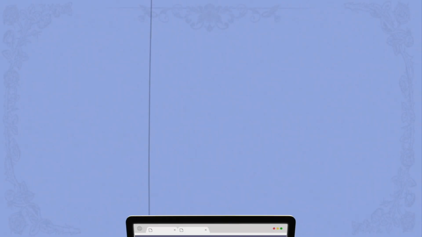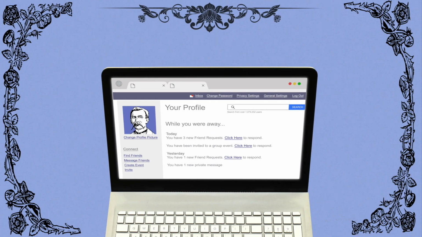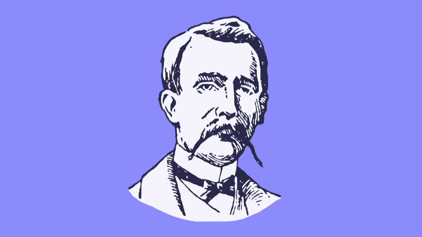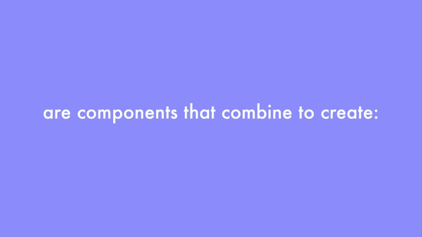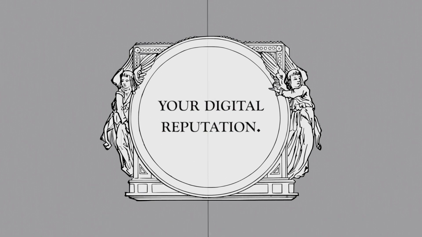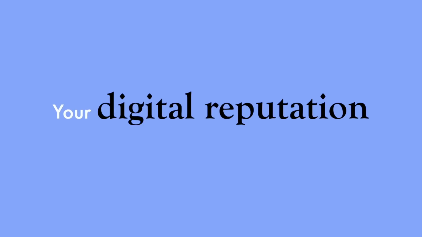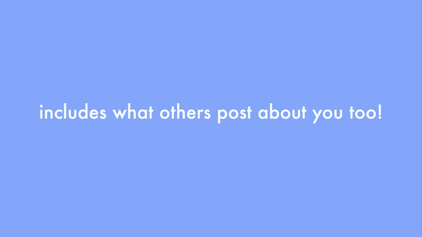All of the information about you that lives online forms your digital reputation. Pretty much everything you do online, like posting a video or photo, commenting on a post, sharing a meme, are components that combine to create your digital reputation. This doesn't only include what you post about yourself. Your digital reputation includes what others post about you too.